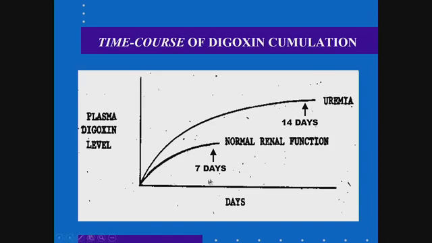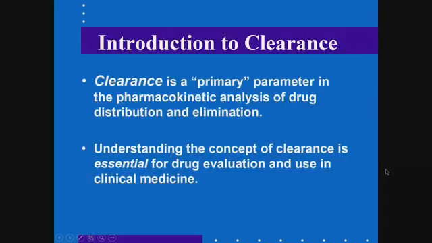This is normal renal function, normal half-life for digoxin. This is impaired renal function and a prolonged half-life for digoxin. Consequently, you will not achieve that steady state concentration until later, in this example, until 14 days of dosing have taken place.